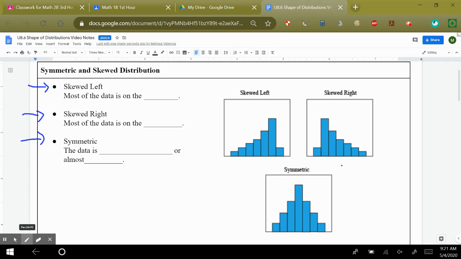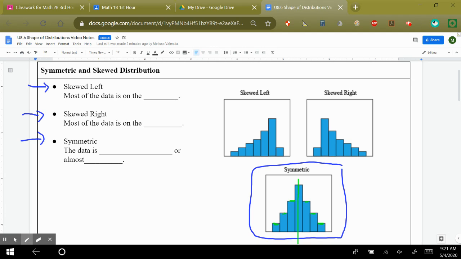If it's symmetric, looking at this picture right here, it's pretty balanced, right? If we were to take that little box and fold it in half, one side would pretty much map out to the other side. They won't always be perfectly balanced, like they won't always be exactly matching up, but they'll usually be pretty close to this.